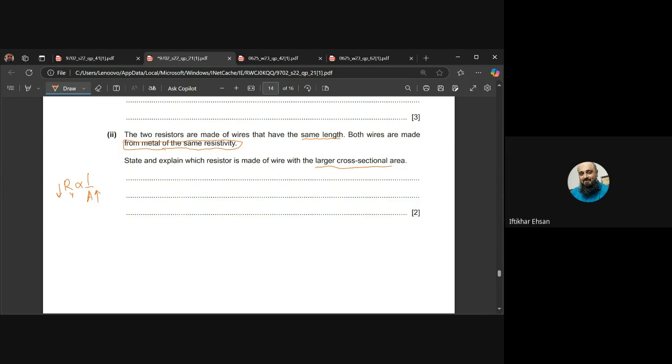So you would say that as resistance is inversely proportional to area, and Y is having smaller resistance as compared to X, that is why the cross section area of Y will be larger, because it has inverse relation as compared to wire X, right?